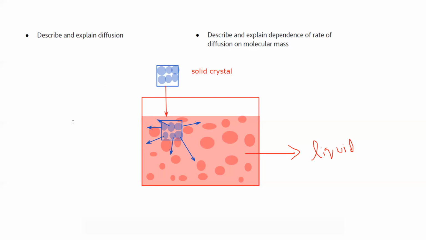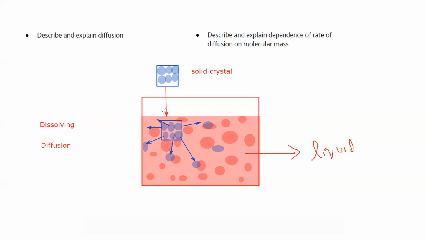Number one is dissolving, and after some time the particles of the solid spread out within the liquid. When these particles of a solid spread out within the liquid, we call that diffusion. So two processes are happening here.